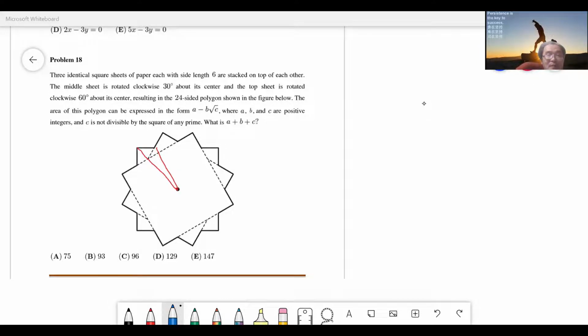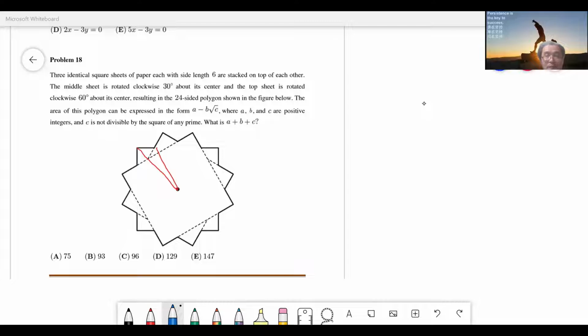The area of this polygon can be expressed in the form a minus b square root of c, where a, b, c are positive integers, and c is not divisible by the square of any prime. What is a plus b plus c?